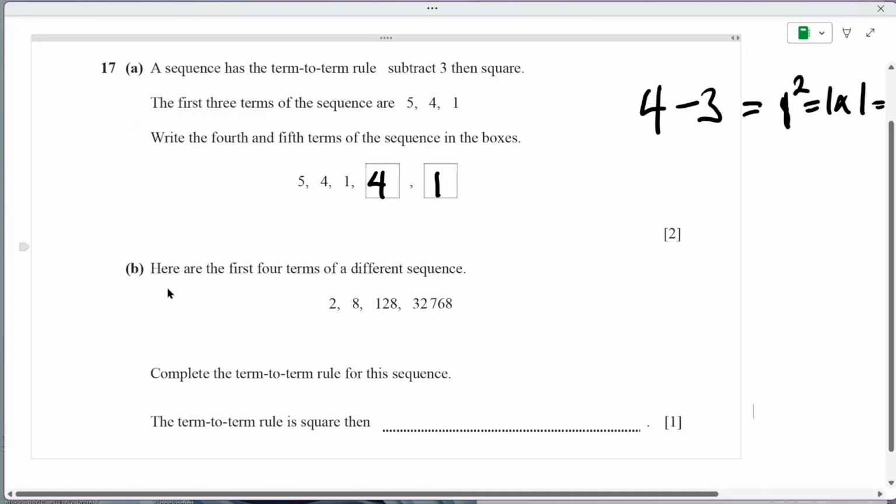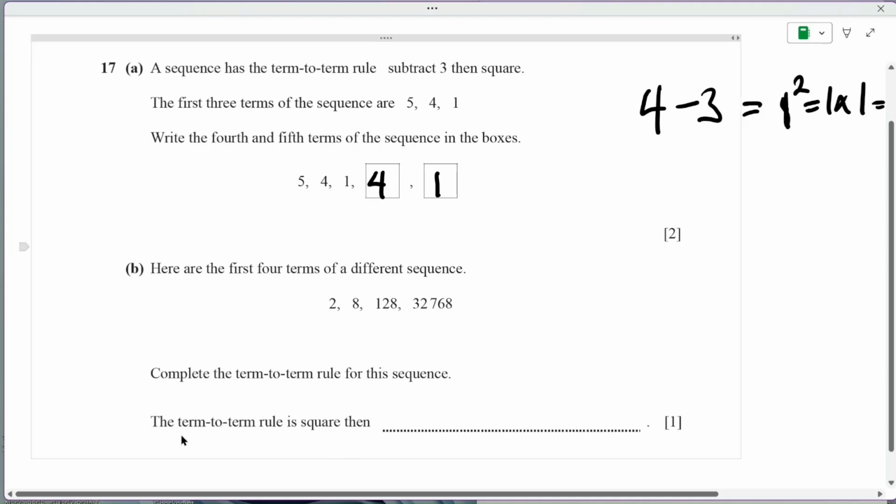Question 17b. Here are the first 4 terms of a different sequence: 2, 8, 128, and 32,768. Complete the term to term rule for this sequence. The term to term rule is square, then what do you do after squaring?